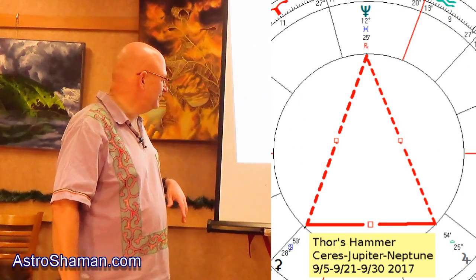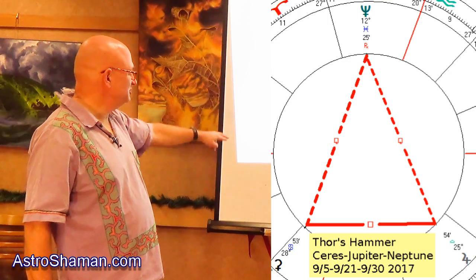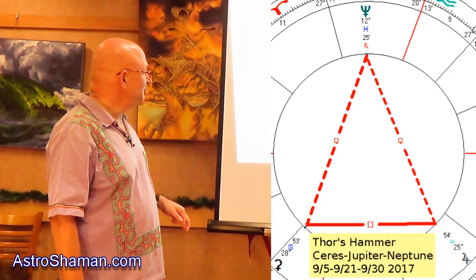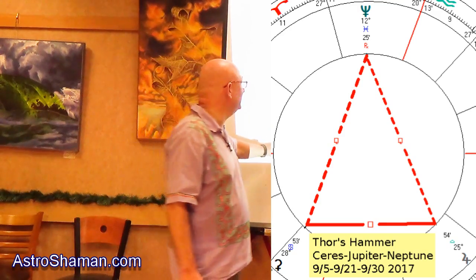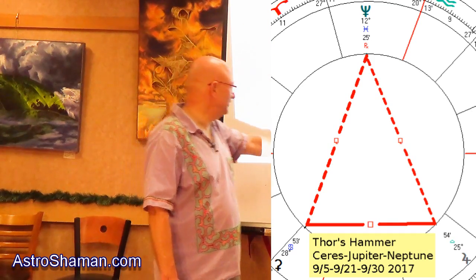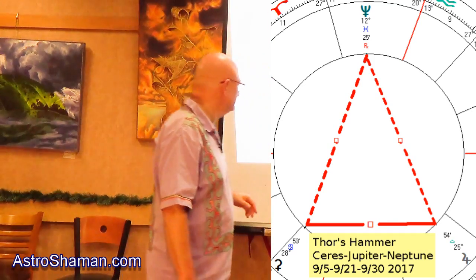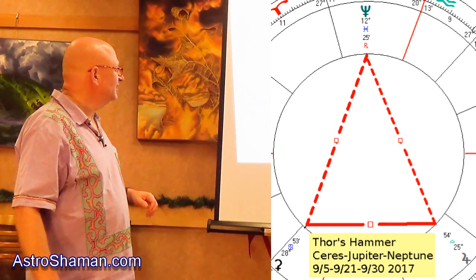We get another Thor's hammer September 5 to 30, most of September, Jupiter-Neptune series. So this one you could use to initiate financial opportunity because we got the money planet, we got Neptune flowing whatever serves you, and we got Jupiter amplifying abundance. So I would say that would be a cool way to do that.